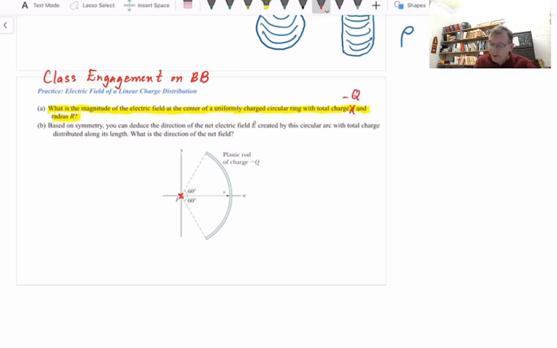But it's got a total charge negative Q that is smeared out uniformly along this rod, which you can see is symmetric about the x-axis with 60 degrees above and 60 degrees below. And we want to know the magnitude of the total electric field, E, at that central point.